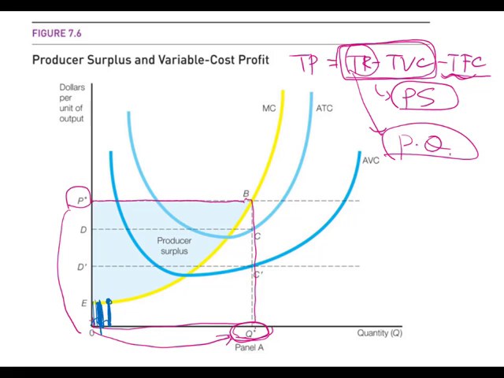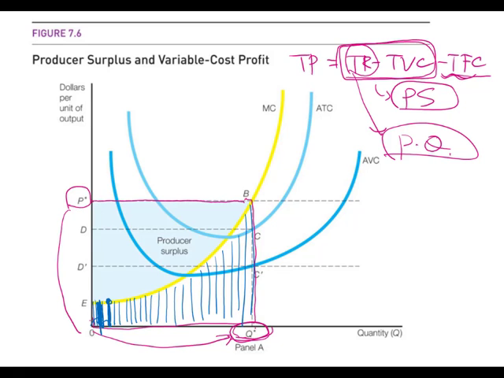When you add up all these marginal costs from each additional unit of output, for example, if you decide to produce Q star, the area below this yellow marginal cost curve, added up from 0 to Q star of your target output, is the same as total variable cost, because you're adding up additional costs when you increase output.